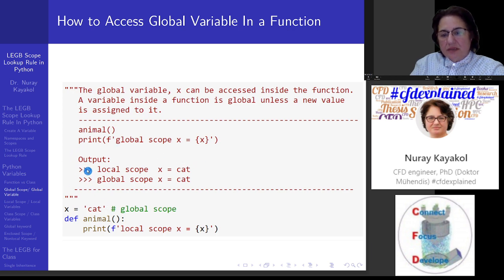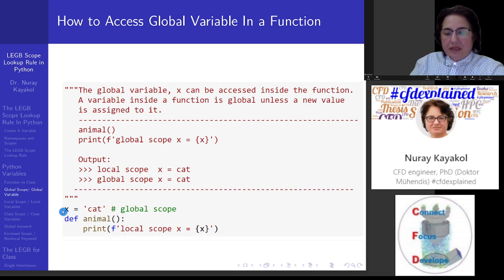You see there are 3 arrows showing output of this program. First, it will print local scope, x is equal to whatever its value, because this line calls this function, and what this function does is print the value of x.